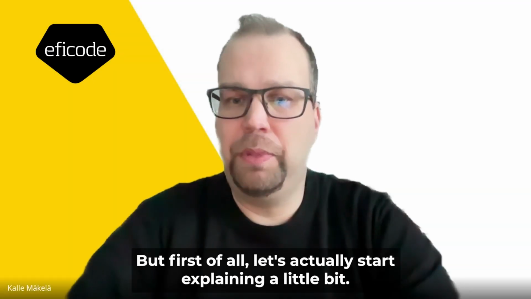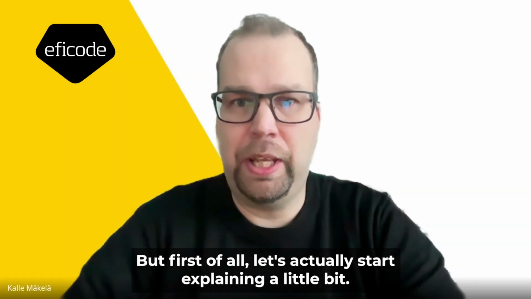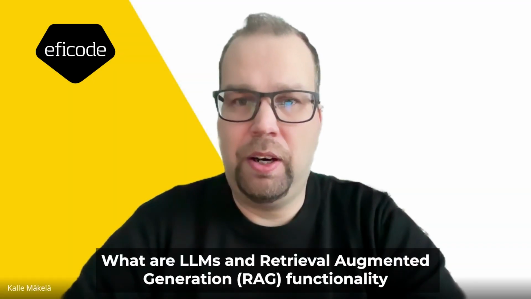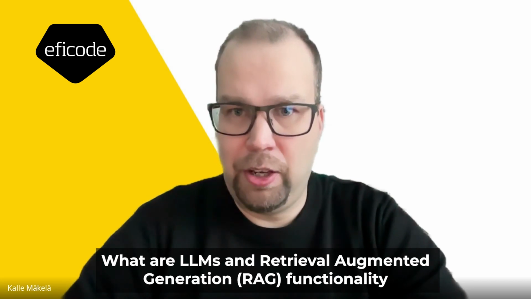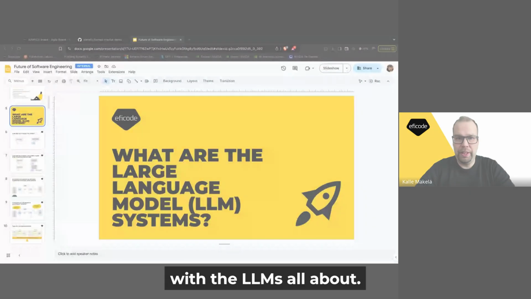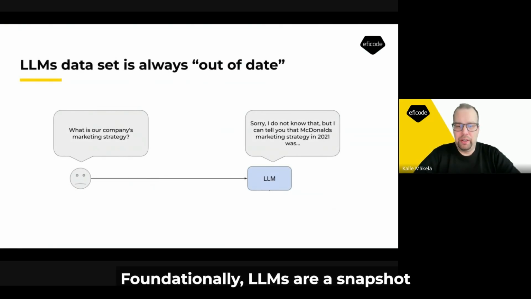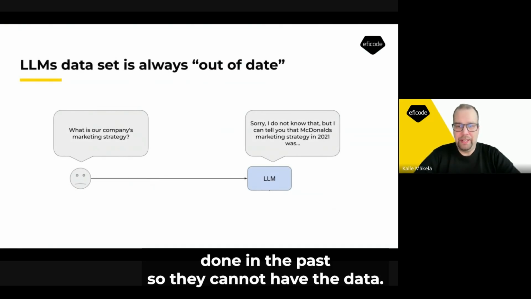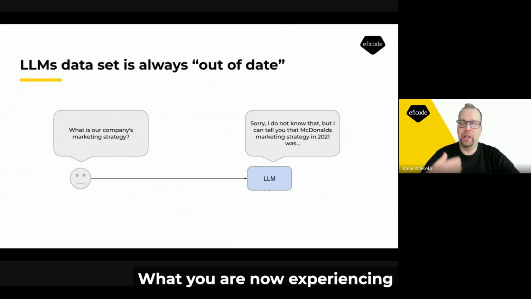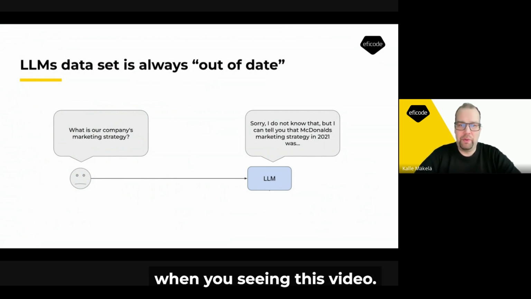But first of all, let's start by explaining a little bit what LLMs and retrieval augmented generation are all about. Foundationally, LLMs are a snapshot done in the past, so they cannot have the data that you are experiencing now when you are watching this video.